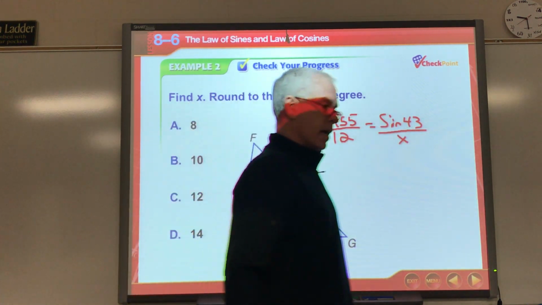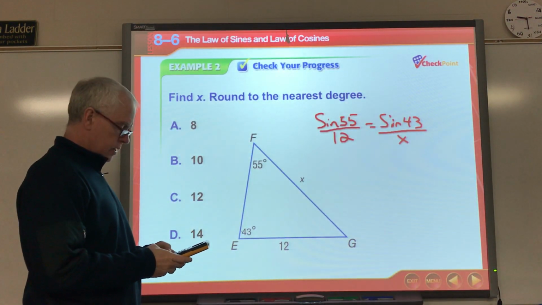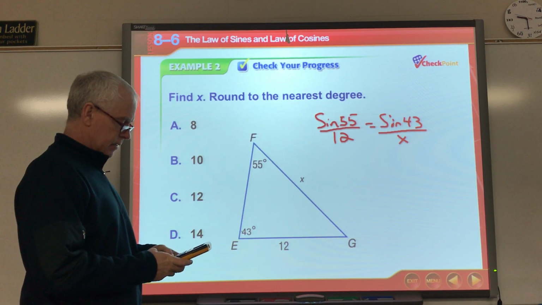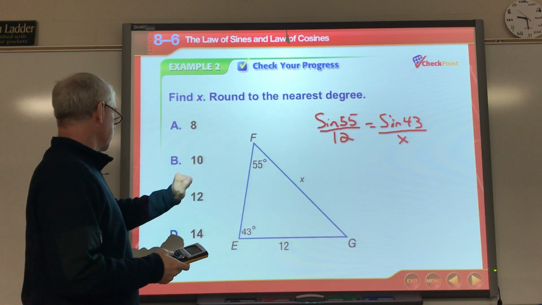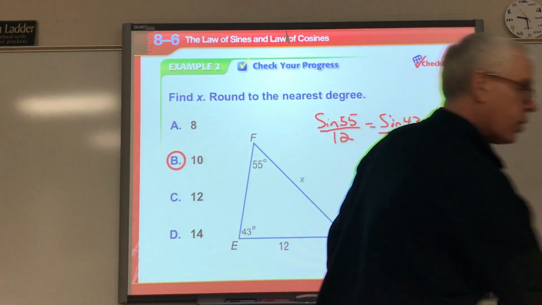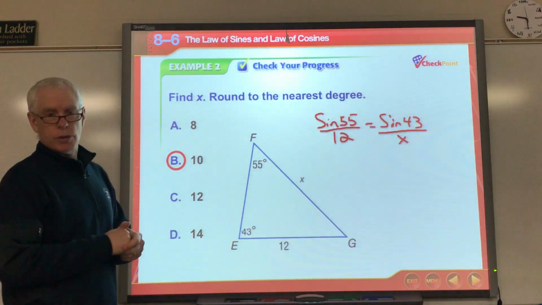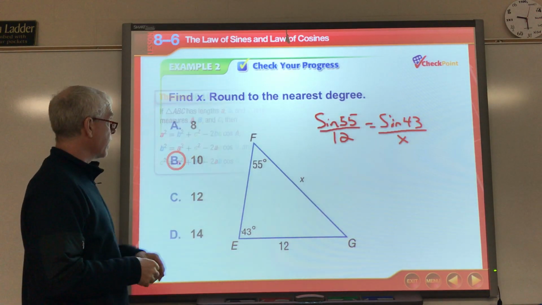And that's what I'm asked to find is x, so I'm going to type into my calculator 12 sine of 43 divided by the sine of 55. I get 9.99 or about 10. There you go. So law of sines, setting up proportions. Hopefully after a couple examples you're pretty good at solving these. And again, this works for triangles that are not right triangles.